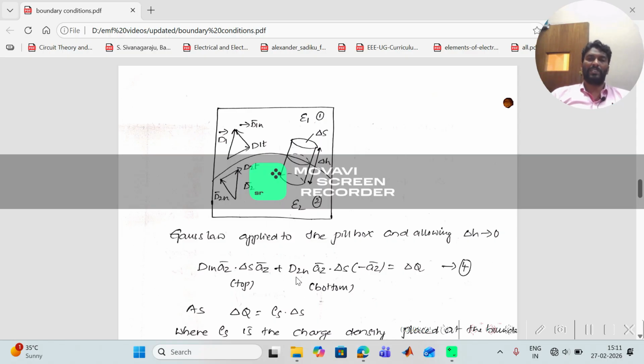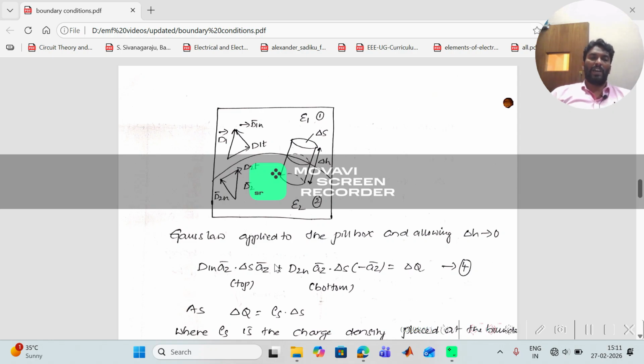And coming to the second region, the normal component of electric flux density is D2n into az, and the differential surface is exactly in the opposite direction to the differential surface of the first region. So it is clearly mentioned as minus az, which is equal to del q.